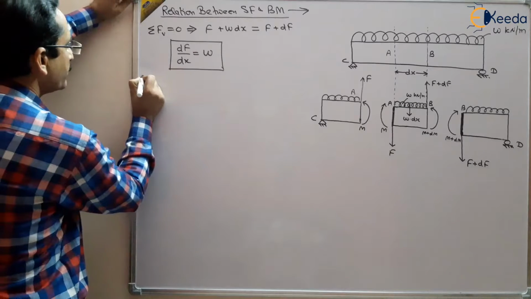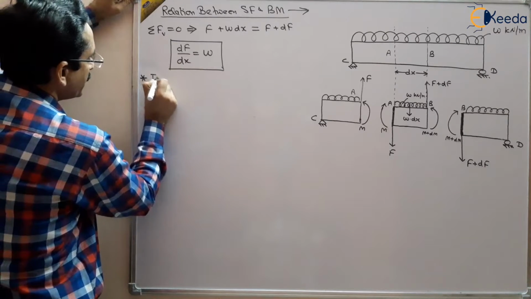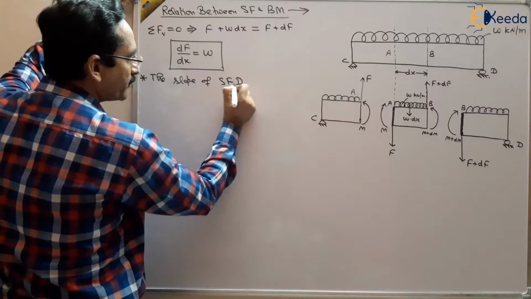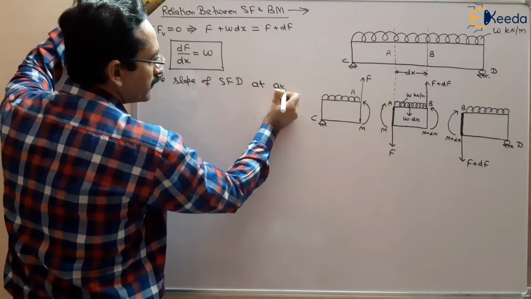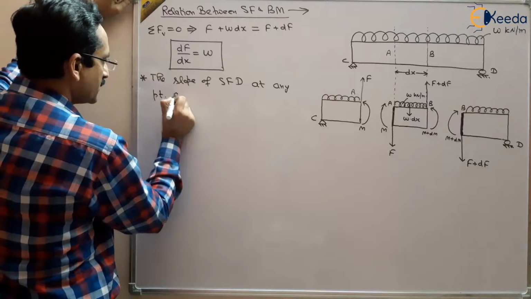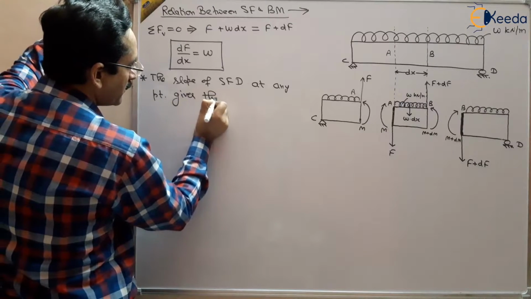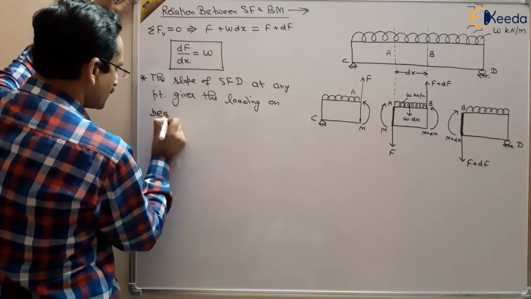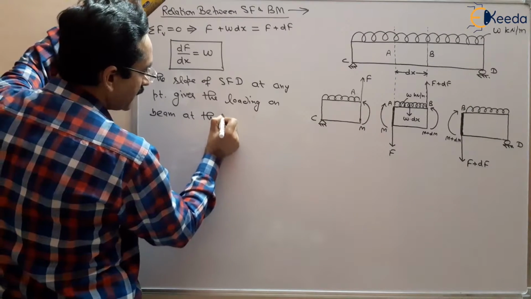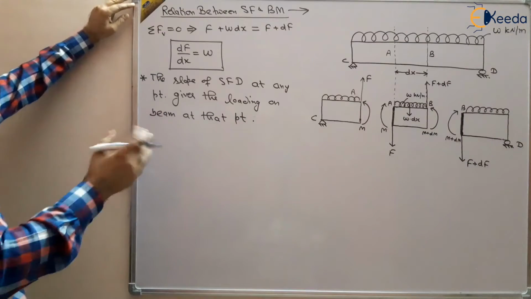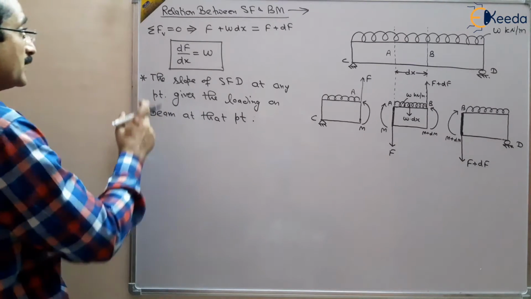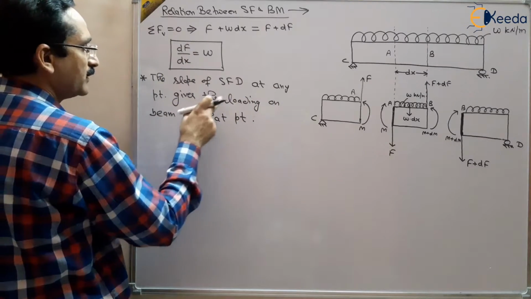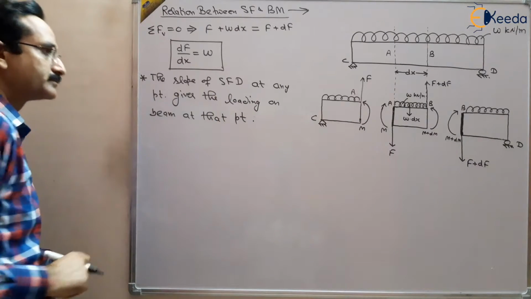So what it shows is that the slope of the shear force diagram at any point gives the loading on the beam at that particular point.